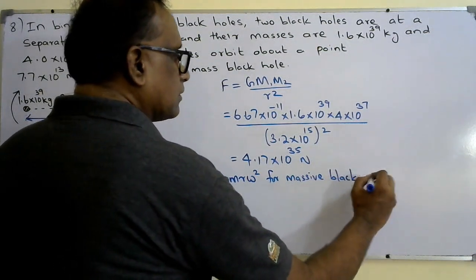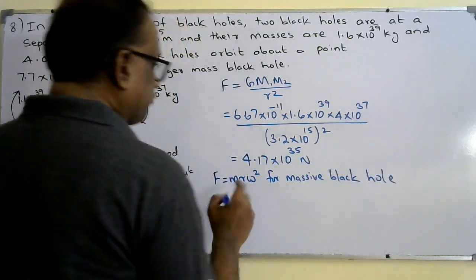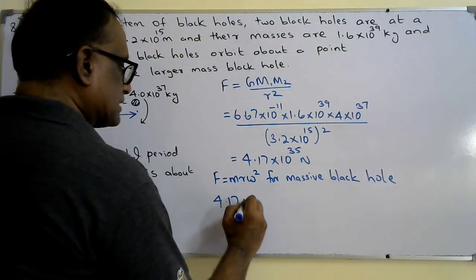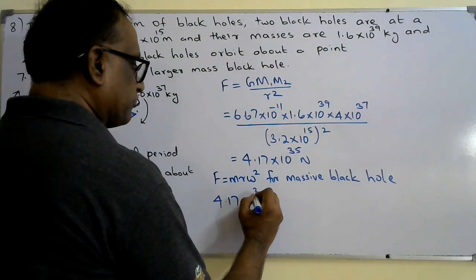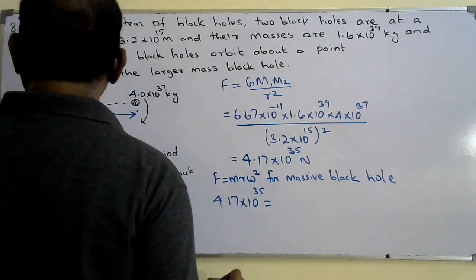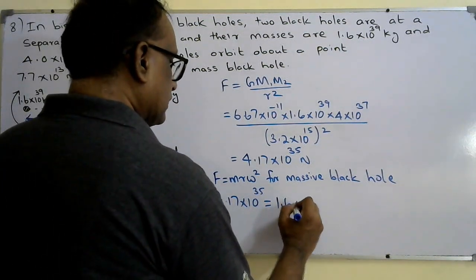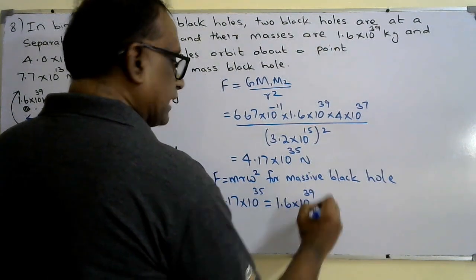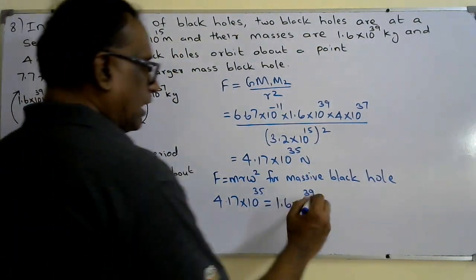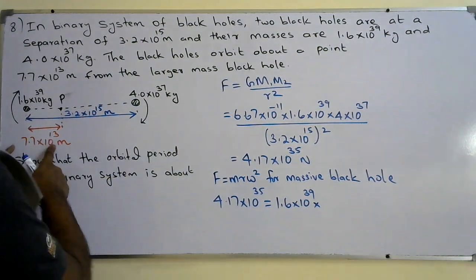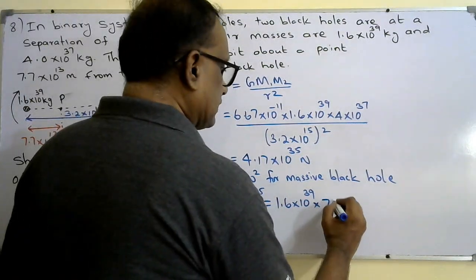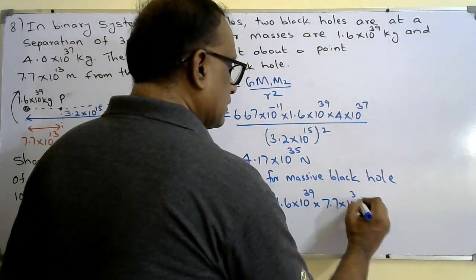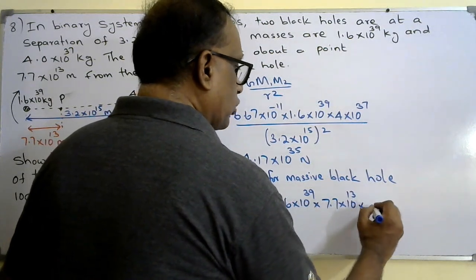F we know, 4.17 × 10^35. Its mass is 1.6 × 10^39. R, the radius of orbit, is 7.7 × 10^13. In omega squared, omega equals 2 pi over T, all squared.